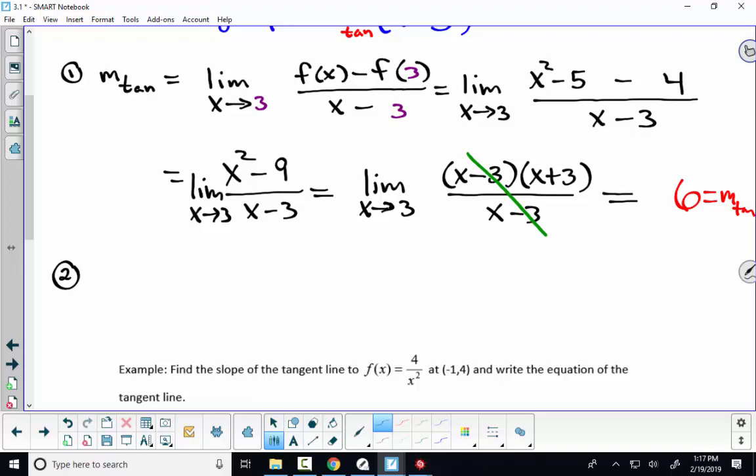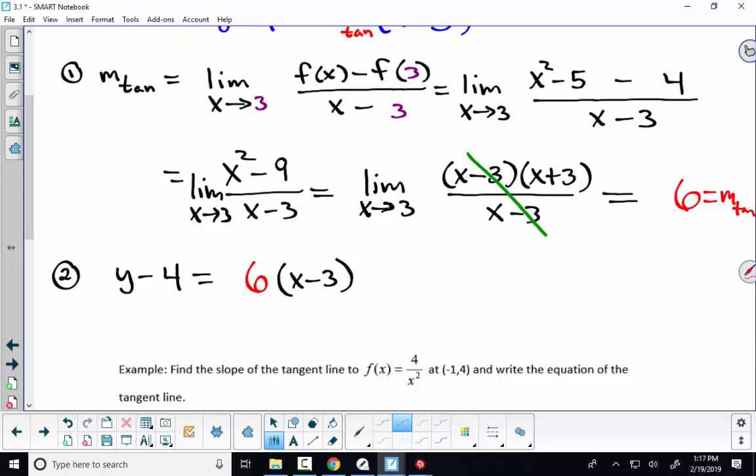All right, once we have the slope of the tangent line, we then have the equation of the tangent line. So there's our point-slope formula with the slope of the tangent line. Please make sure when you plug in the slope of a tangent line that you're plugging in a number.